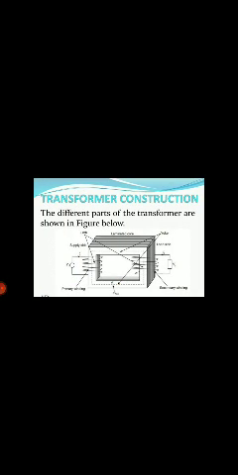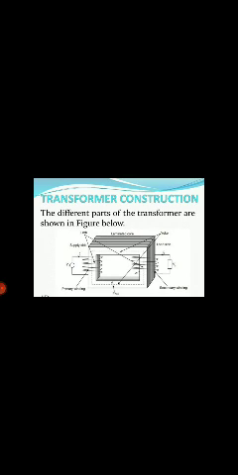Here we can see the different parts of the transformer. This is the core; we can see the yoke or laminated core of the transformer, and the other main parts of the transformer are the primary winding and secondary winding. Here we can see the flux which is set up in the core, represented by phi.